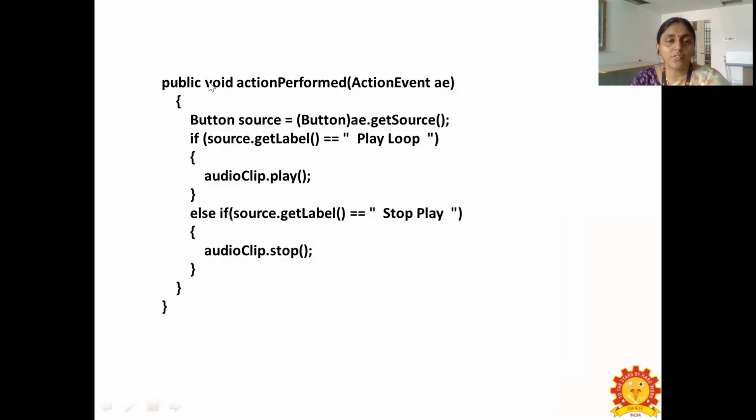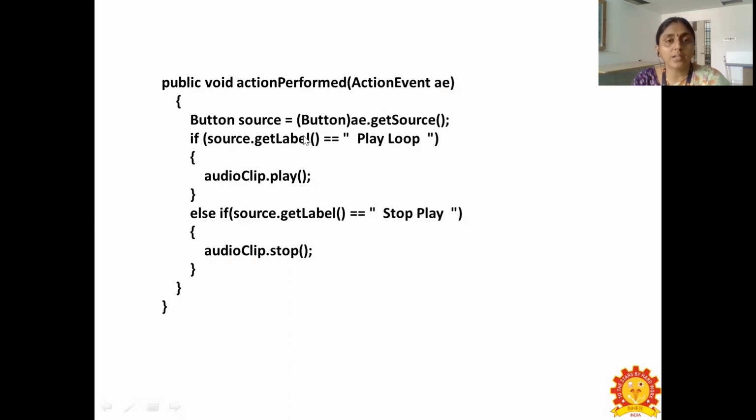Now we are seeing the function actionPerformed. So this function will receive the event and will handle it. So Button sourceButton, you are creating one more button, that is source, which has its lifetime inside this function. So we are getting ae.getSource, okay, and you are converting that into Button type and storing it in sourceButton.